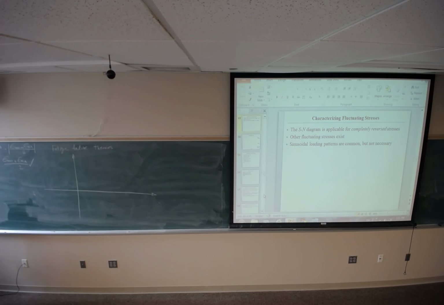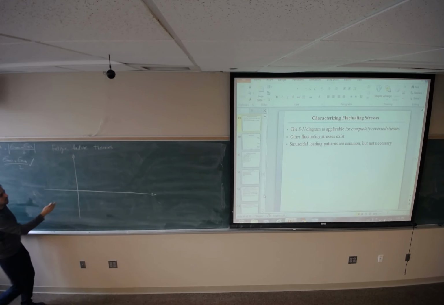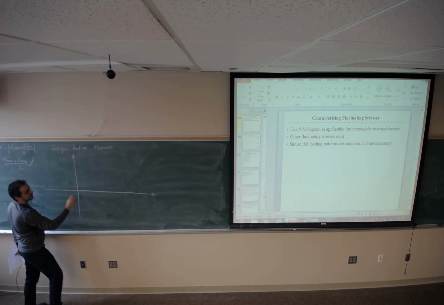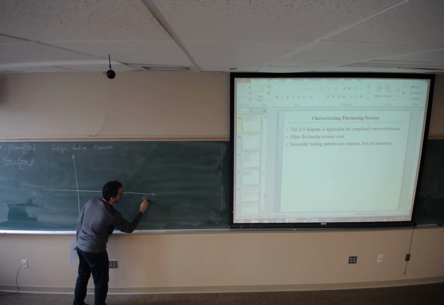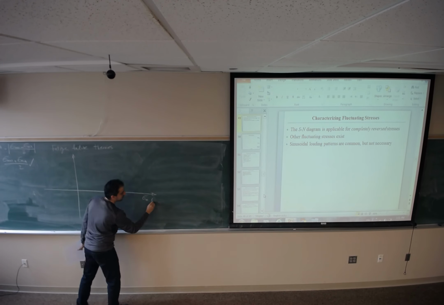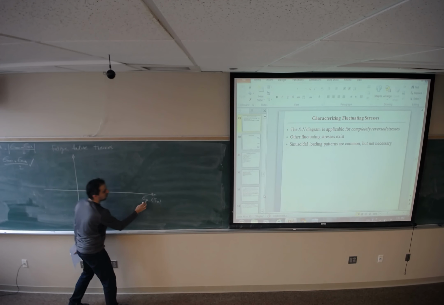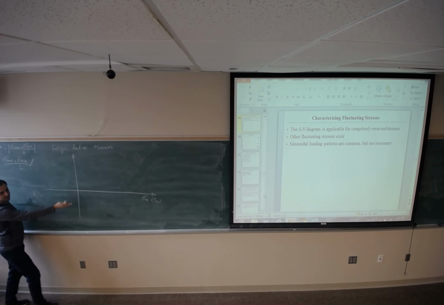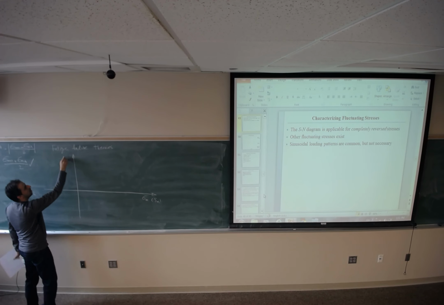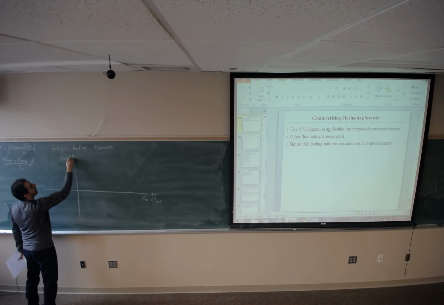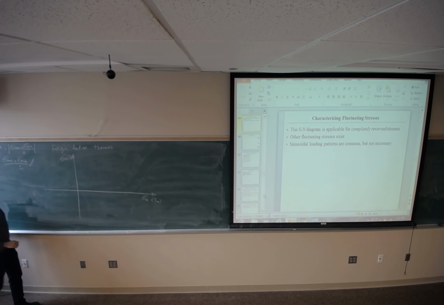For fatigue failure theories, we define two axes. One axis is sigma m, or later on you will see it's going to be Sm, representing the mid-range or mean value. The y-axis is representing sigma a or Sa, the alternating component.